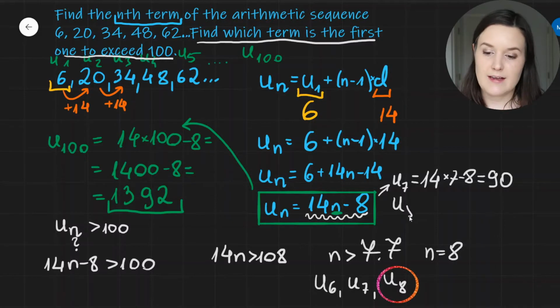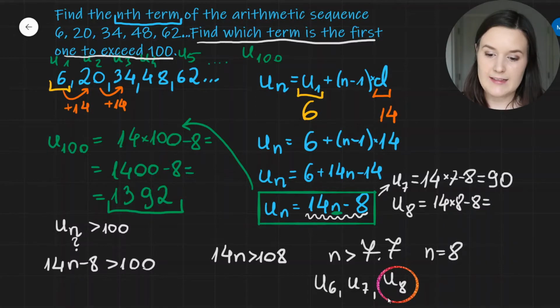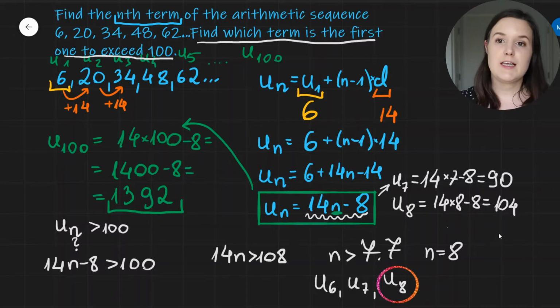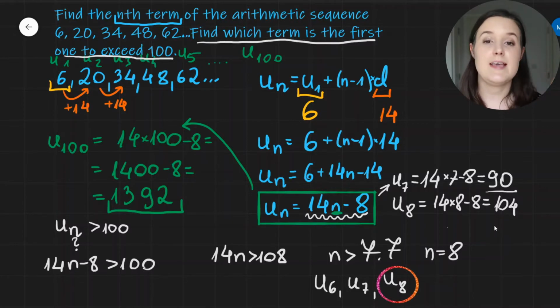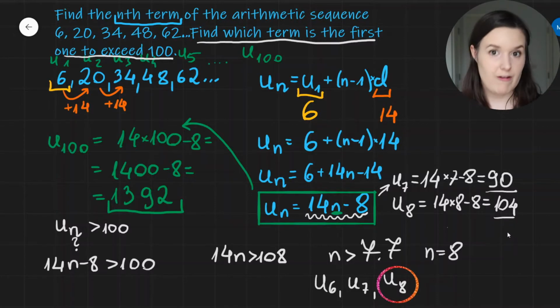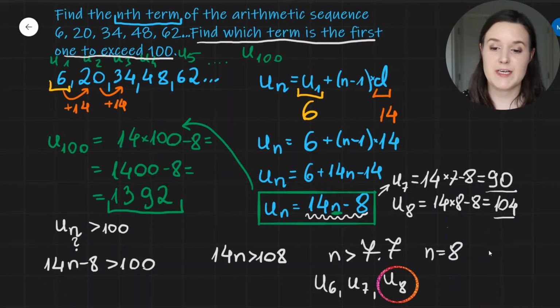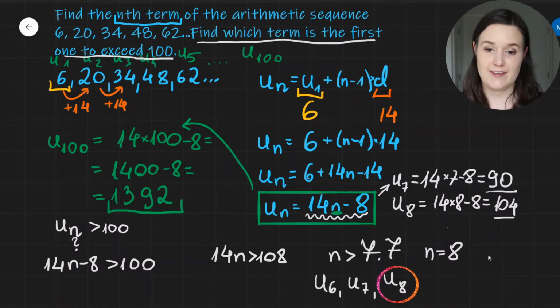But the 8th term is 14 times 8 minus 8, which is 104. So now you can clearly see that the 7th term is 90, smaller than 100. The 8th term is 104, bigger than 100. So the first term which is bigger than 100 is the 8th term.